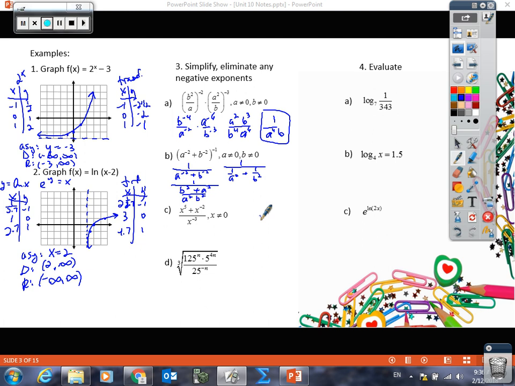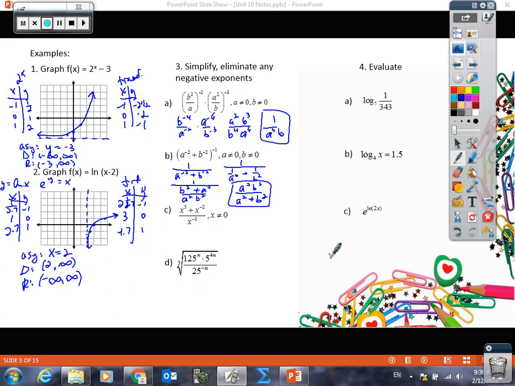When we divide fractions, instead of dividing, we multiply, right? 1 times the reciprocal of this fraction. So my answer is going to be a squared b squared over a squared plus b squared, or b squared plus a squared, doesn't matter. Okay? How are we with that?